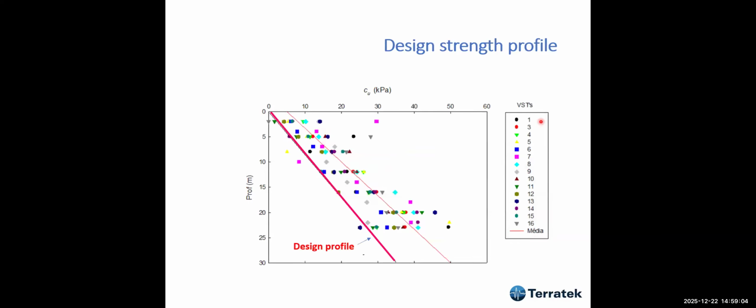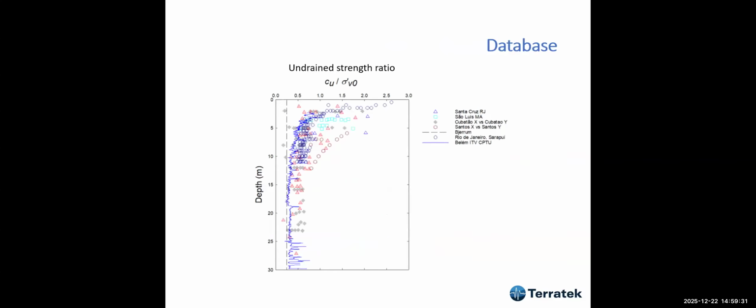Okay, and also the problem is that even if you get a very good result from this or another site, and you have a lot of scatter, to come up with a design profile you have to take care not to use the average, but to use something below the average as a design profile.